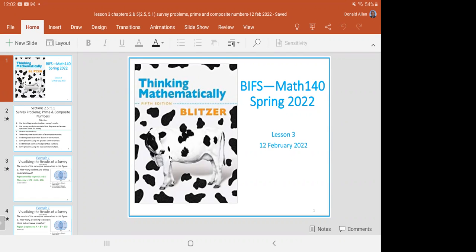Somebody put a set of natural numbers. That's not specific enough because a set of natural numbers could go to 1 million, a trillion. You have to specify: the set of natural numbers less than 9, the set of natural numbers less than or equal to 8, the set of natural numbers from 1 to 8.